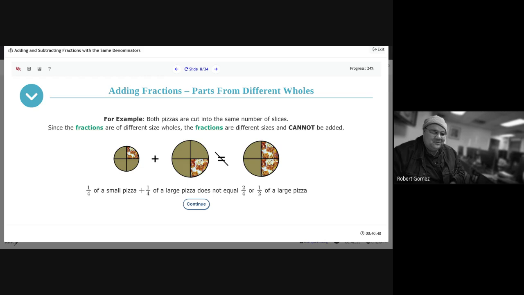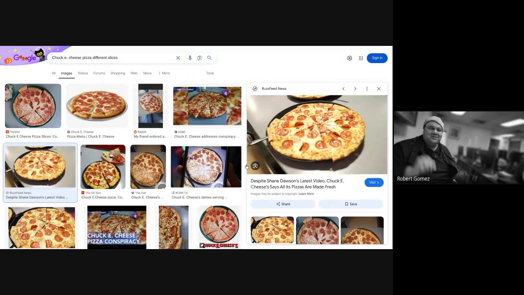Okay, here we go. So here I'm going to share this with you. This is what it would look like if you look at the large picture. If you try to take two different pizzas that were cut in the same slices and try to make one whole pizza, it's going to look like one of these Chuck E. Cheese pizzas, okay?